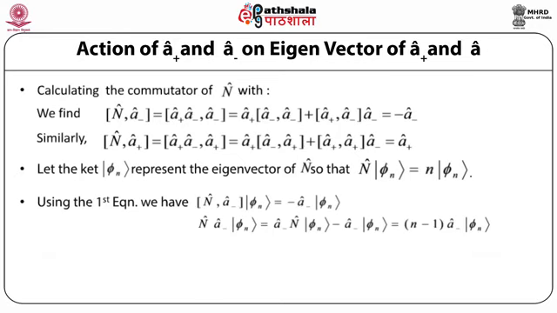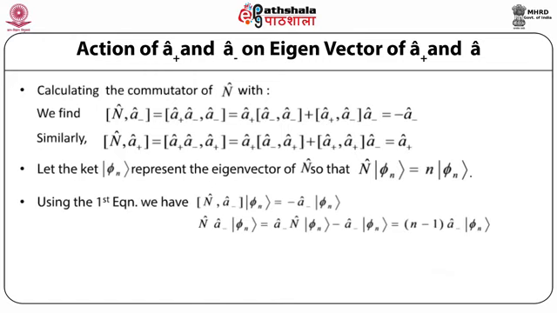When we solve it, it turns out to be equal to the raising operator times the commutator between the lowering operator A- and the raising operator A+, plus the commutator of the raising operator with itself, whole times the lowering operator. When solved, this gives us finally that the commutator of the number operator with the raising operator is simply equal to the raising operator.